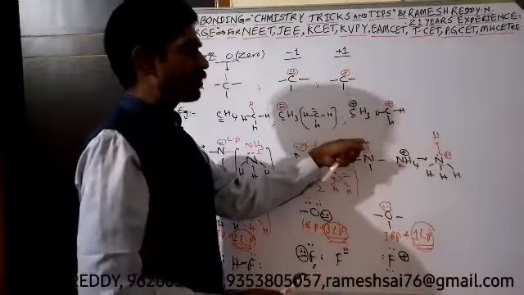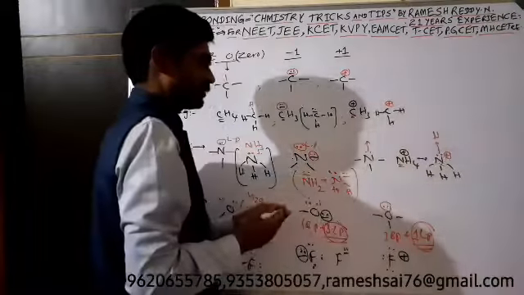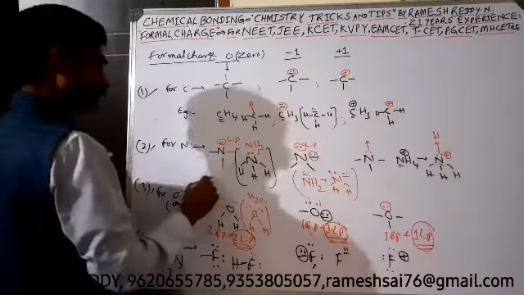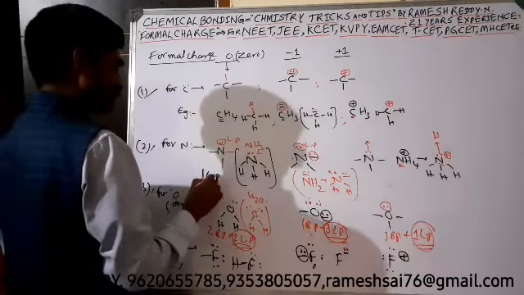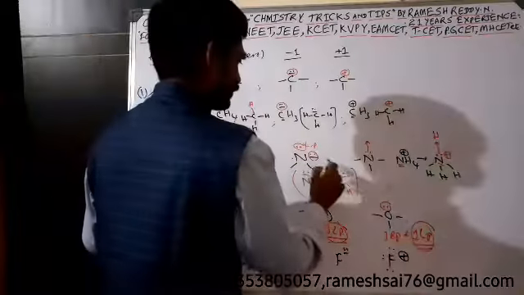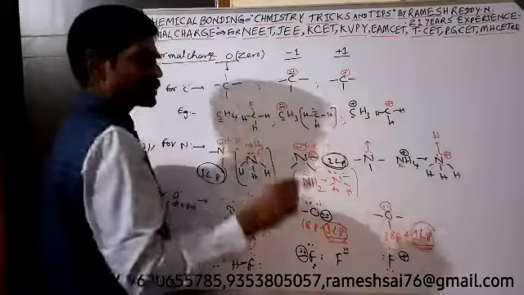It is also participating in bond formation. So totally 4 bond pairs are there. There is no lone pair. So here 1 lone pair is there, formal charge on the nitrogen 0. If 2 lone pairs are there, then the formal charge of nitrogen is -1.